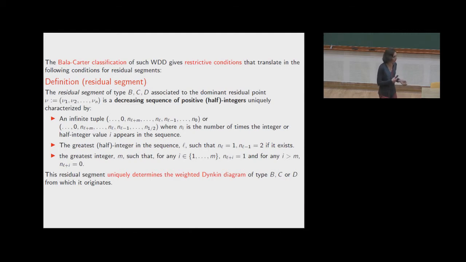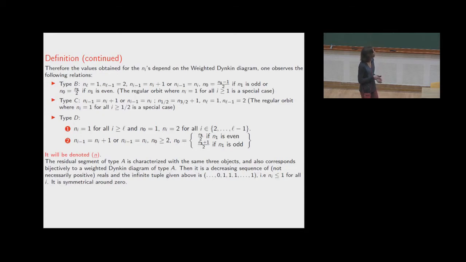So each integer occurs with a certain multiplicity, and n_l is related to n_{l+1} in general. So this is a technical definition. It's just to give you an idea of the constraints that appear for this sequence of integers that characterize the residual segments.